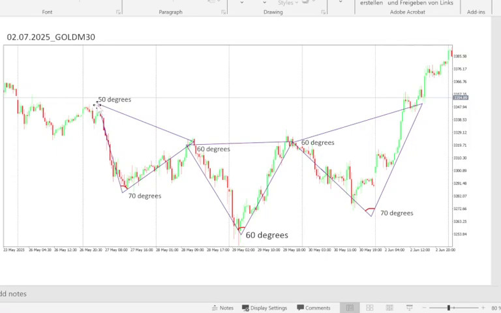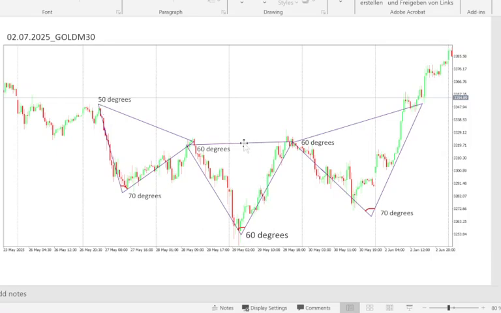If we draw this line, this edge from where it started to fall, and then we draw this other edge from the point the falling stopped and the reversal started until where the price stopped rising again, this triangle gets formed, and the second angle will be 50 degrees.